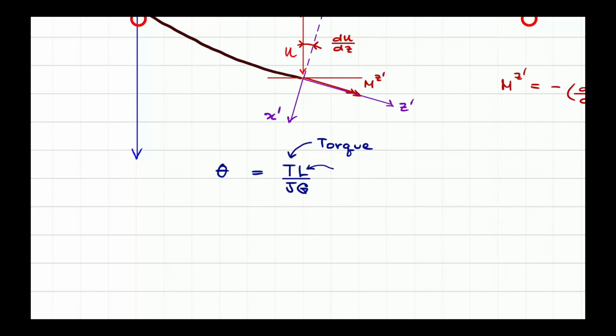Well, this case is applicable when you have the constant torque applied throughout a given length. J, torsional constant.